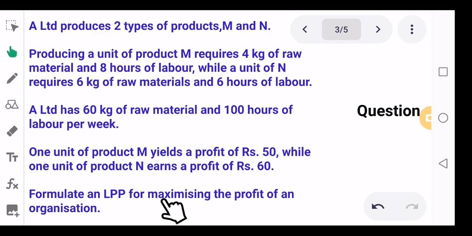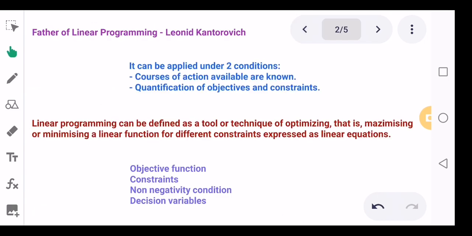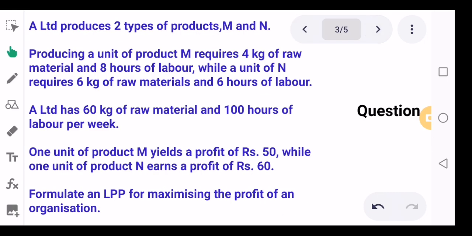Here they have said that you have to maximize the profit of the organization. So what is your objective? Your objective function is to maximize the profit. And as we know, here everything has to be in the form of a linear equation. So you can't just say verbally that our objective is maximizing the profit. You have to write it in terms of an equation.